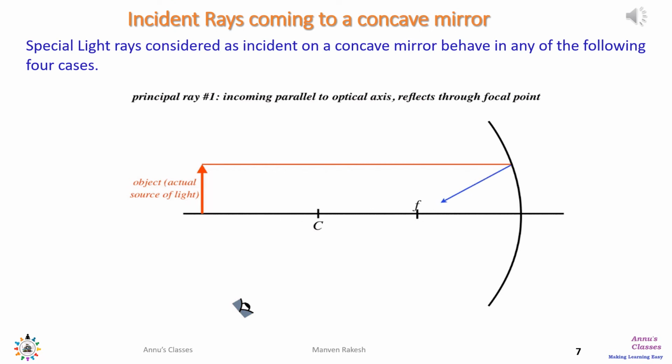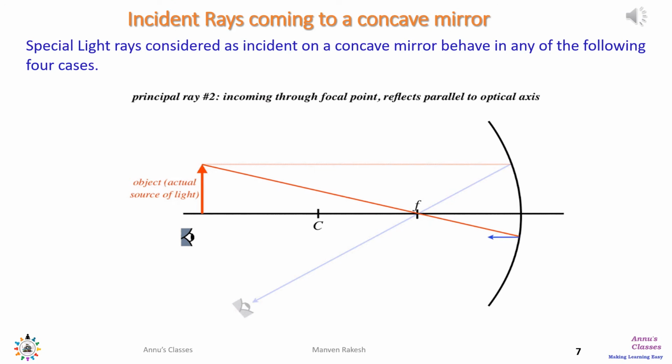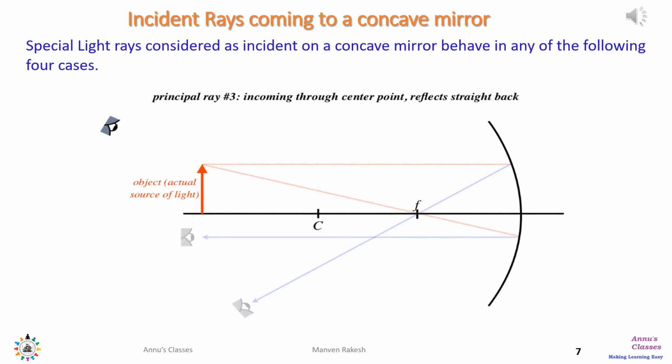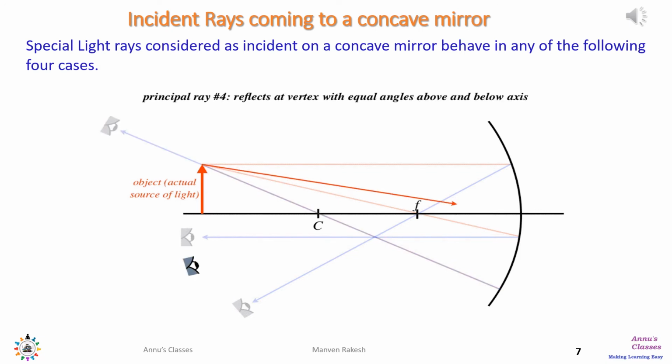Now let us try to understand in detail how the image is formed by the concave mirror. A ray which, before being incident on the mirror, is parallel to the principal axis will pass through F after reflection.